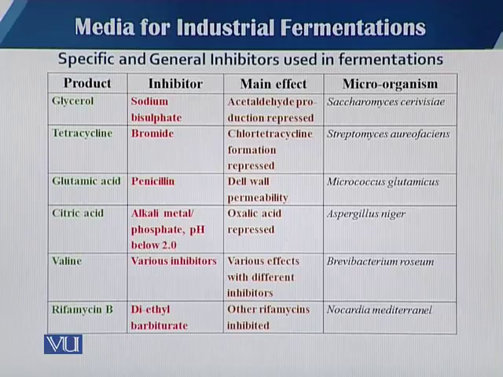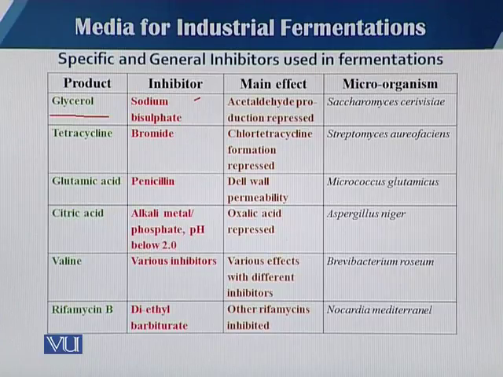Here, as a first step, as we have already discussed, for the production of glycerol the inhibitor is sodium bisulfite, and the effect is that acetaldehyde production is repressed in Saccharomyces cerevisiae.